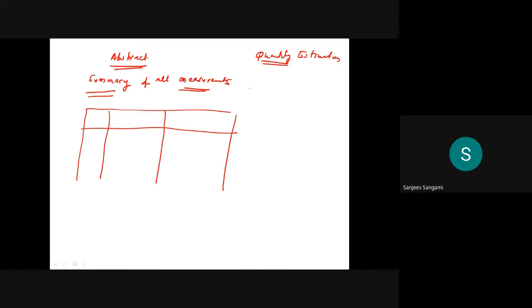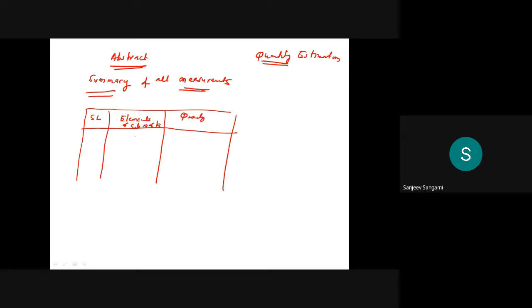Cost again, you have to add one more, that we'll see later. Then serial number. Then here the elements or subwork, major elements or subwork, that you can call it.